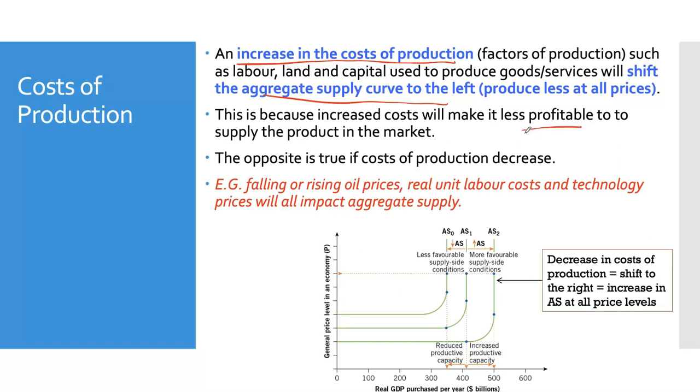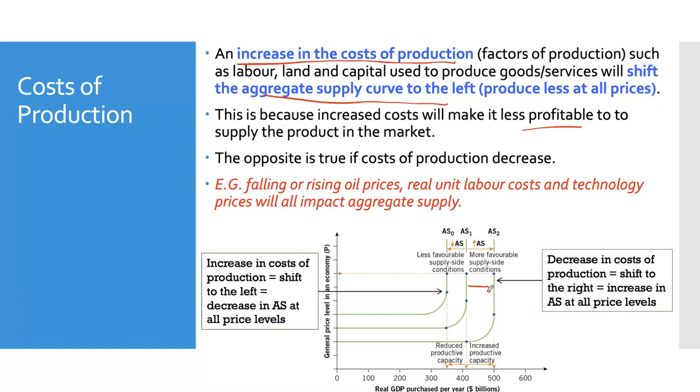So a decrease in cost of production will result in a shift to the right. We're prepared to make more goods and services at any price level. And an increase in cost of production will result in a shift to the left of our aggregate supply curve.